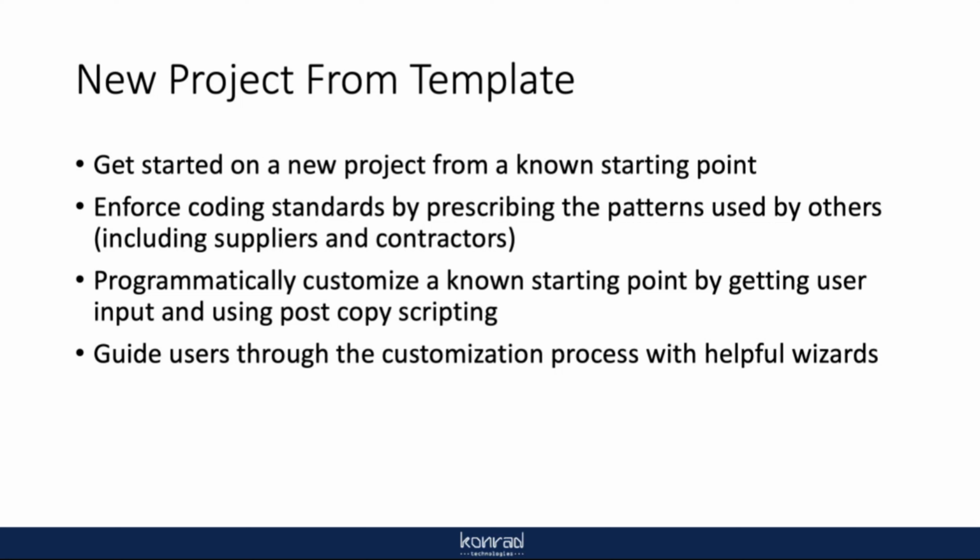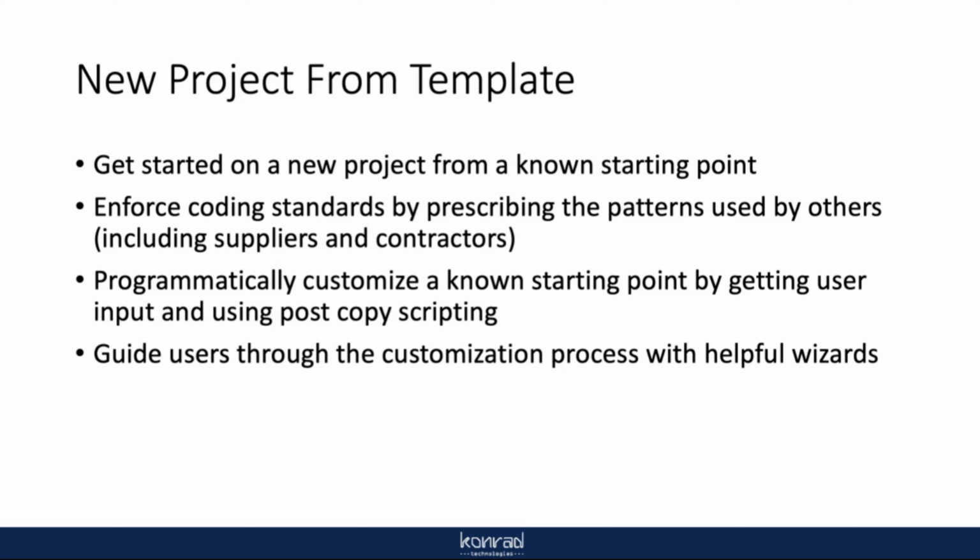Maybe it's not a full architecture such as QMH or a state machine, but maybe a construct that we use frequently. A new project from template allows us to start a new project from a particular known starting point where that code is taken from the template and already exists for us. So we're not starting with a blank VI anymore. We're starting from a known starting point of some pre-written code.